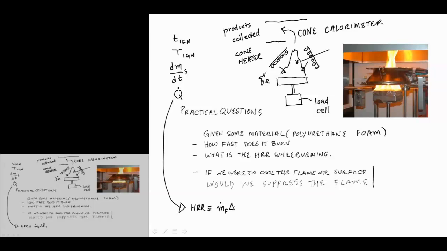The problem is that oftentimes we don't know what the heat of combustion is for any particular material. In fact, the way we find the heat of combustion is by doing the measurement that we're talking about right now. So this would be great, but we don't know what this is in general.